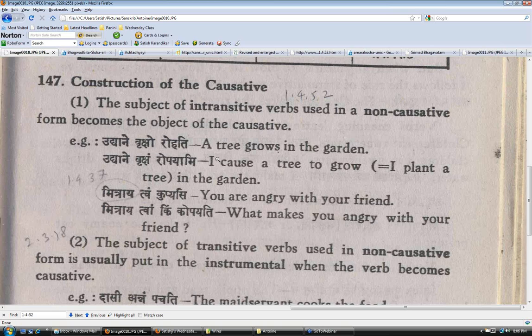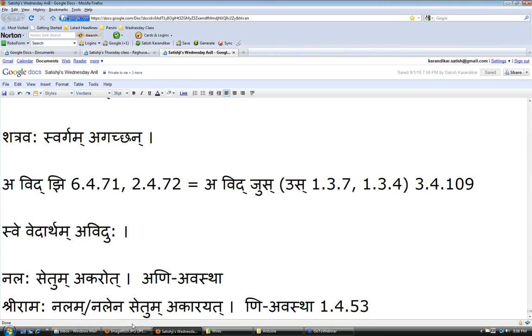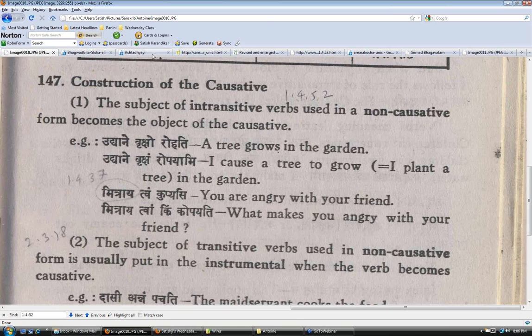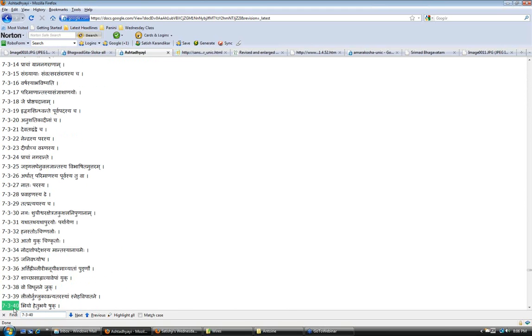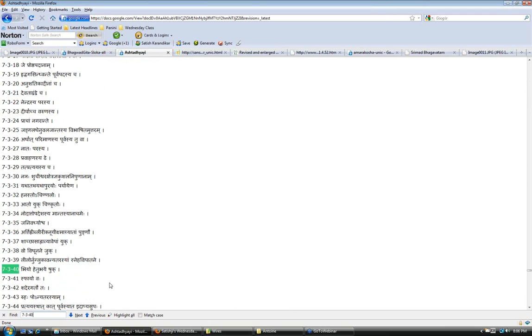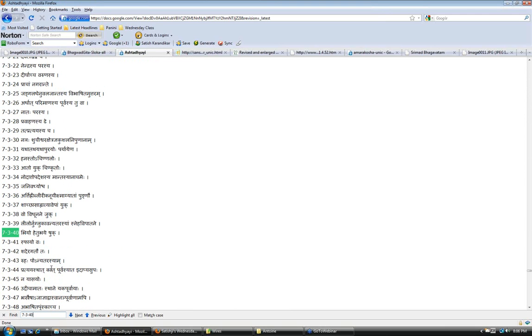Again, here the ruh becomes the pakara optionally. That rule we saw last time, and it comes in the same section in 7.3, I think around 40. I think 7.3.43. Thank you. Ruhaha onyatarasyam.